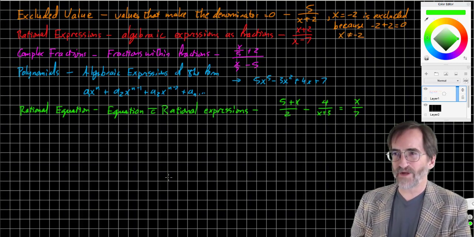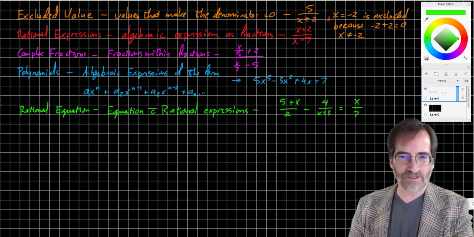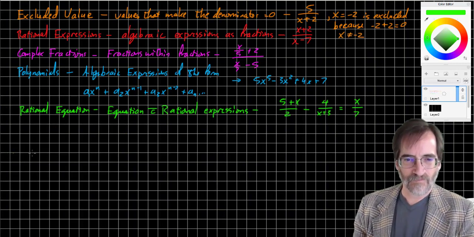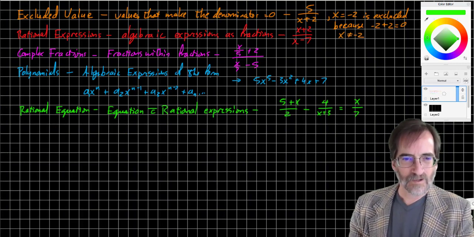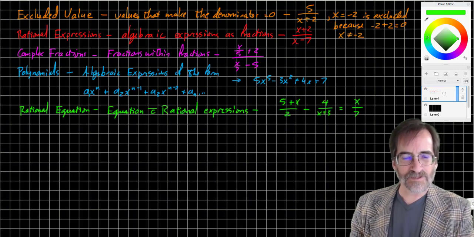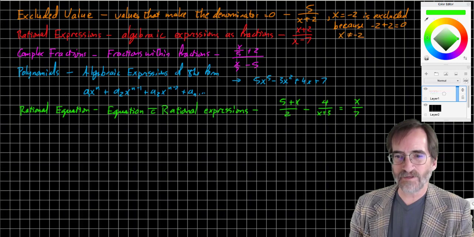That's a rational equation because it has fractions in the equation. Okay, that's lesson 6.